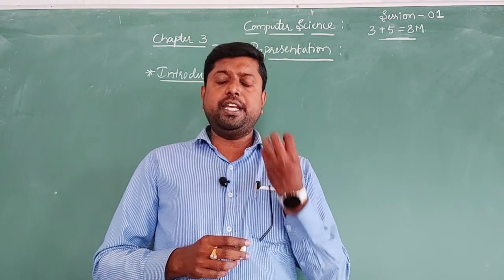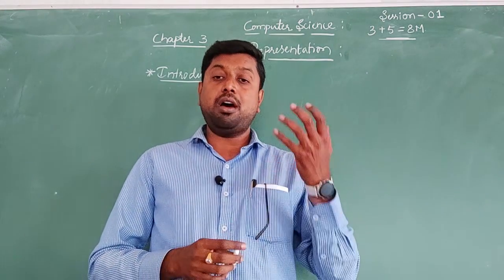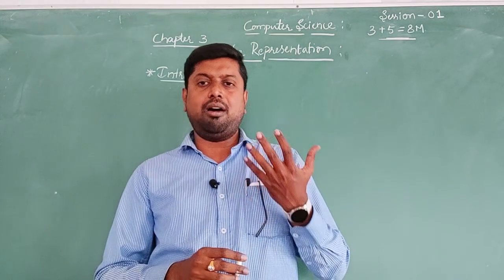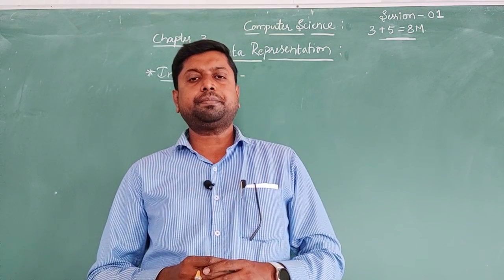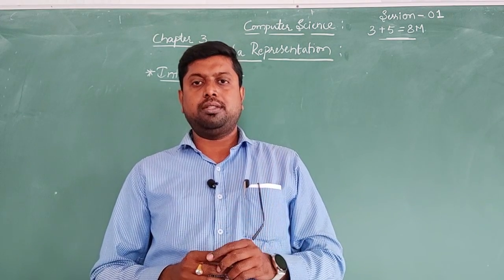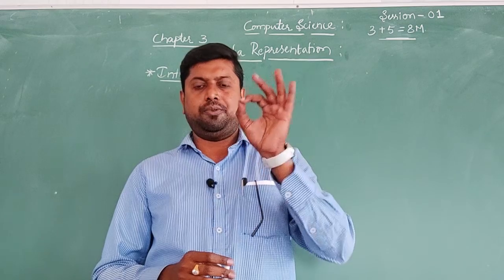For that we need the representation of numbering systems. We use some mathematical functions to calculate the capacity of all these memory devices. That's why in this particular session number 1, we are going to discuss these concepts.